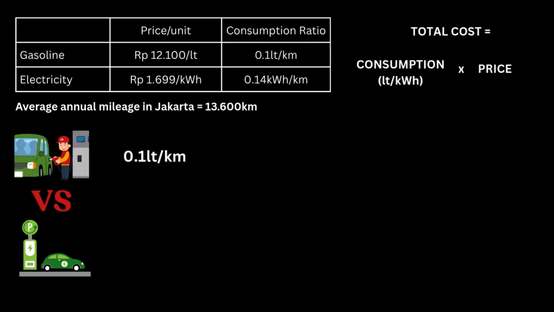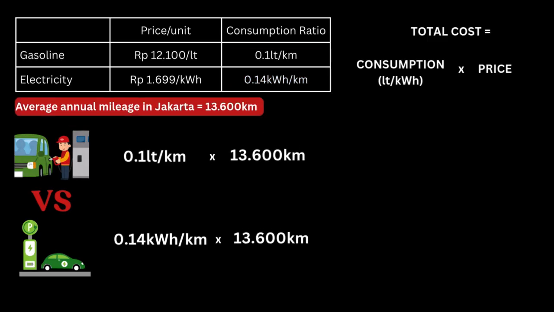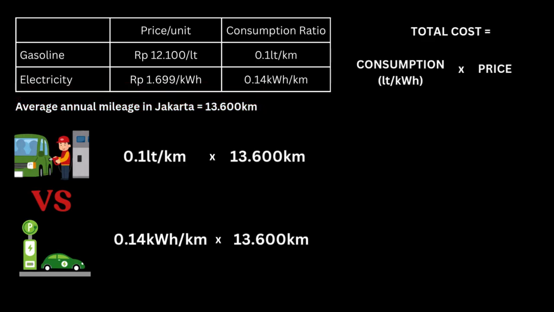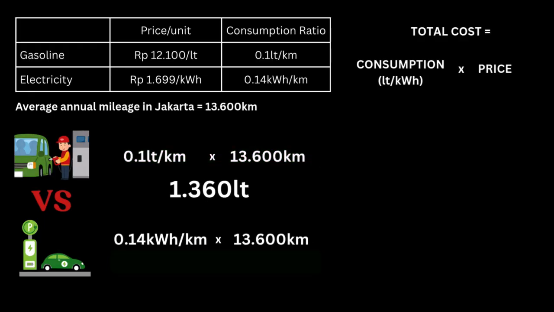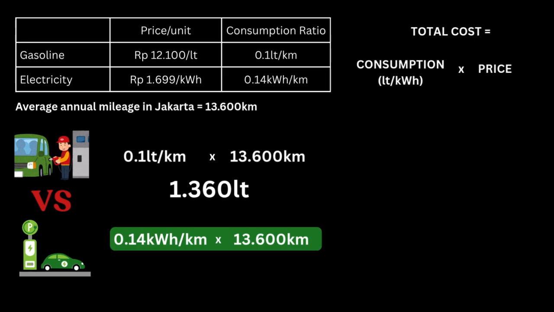And for electric cars, it's 0.14 kilowatt hours per kilometer. Then we multiply it by the average annual mileage in Jakarta. That is 13,600 kilometers. Then we will get the total consumption for gasoline cars is 1,360 liters, and the total consumption for electric cars is 1,904 kilowatt hours.